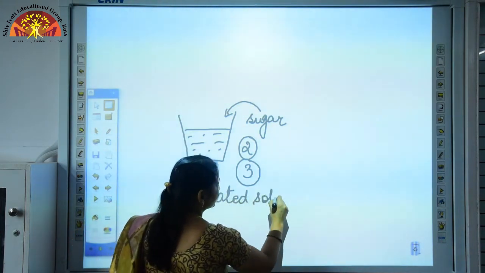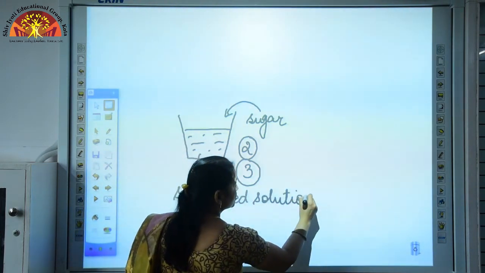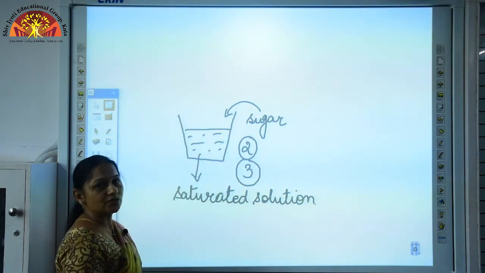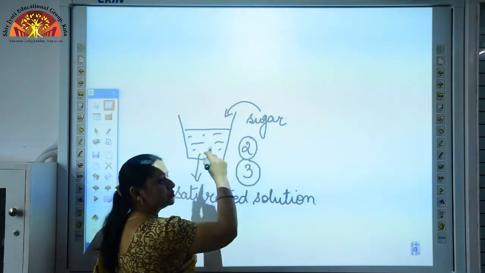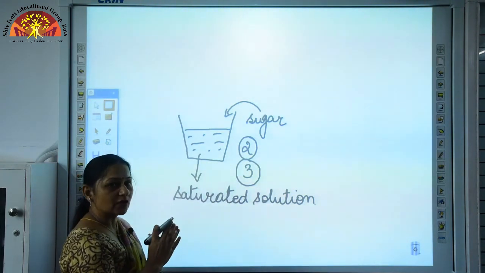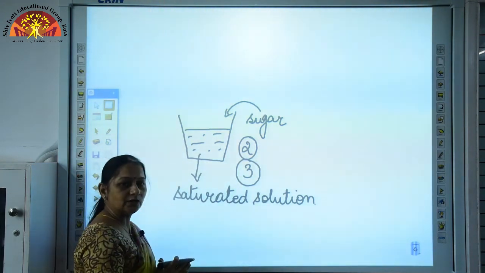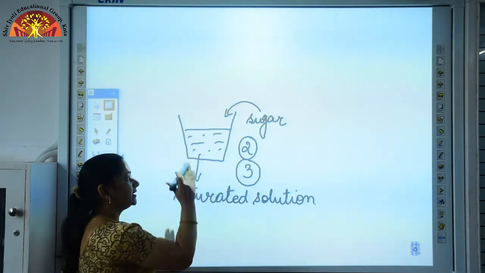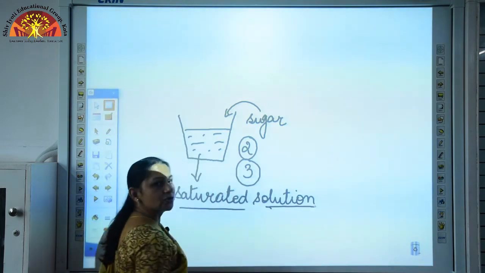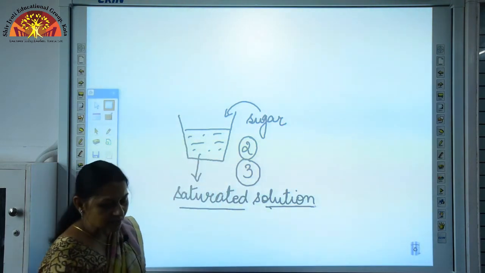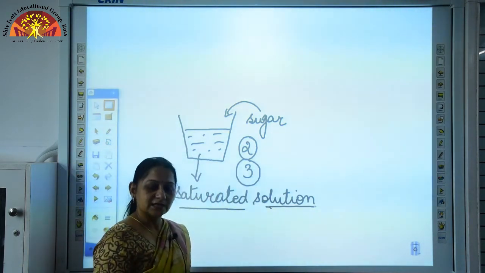What is a saturated solution? A saturated solution is that solution which dissolves no more of the solute, meaning on adding more solute, the solute does not get dissolved in it. That is known as a saturated solution. So these were the important topics of our chapter, students.